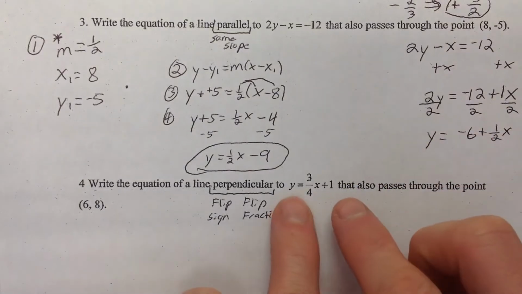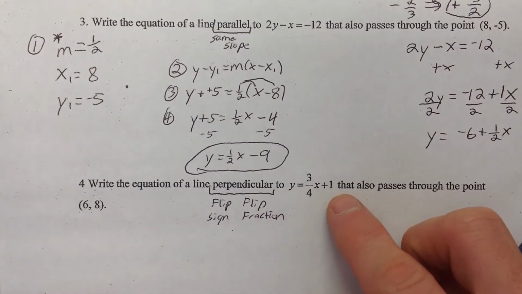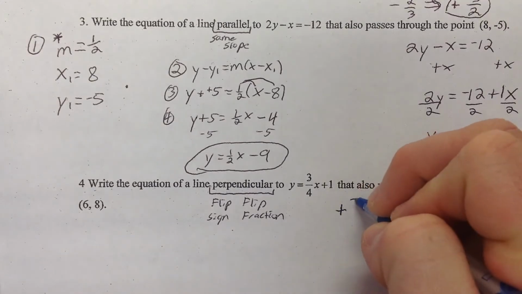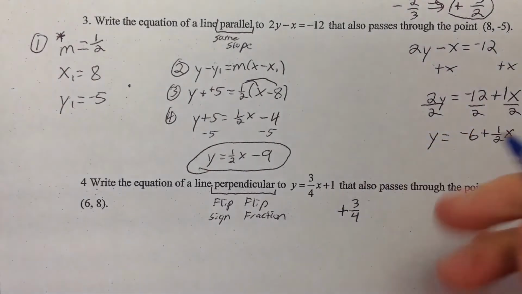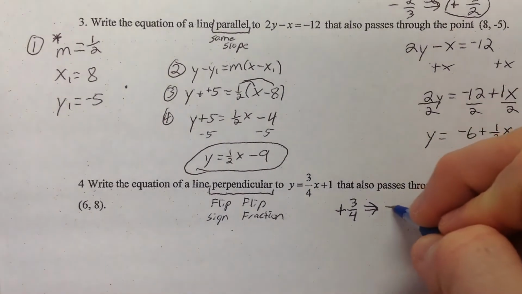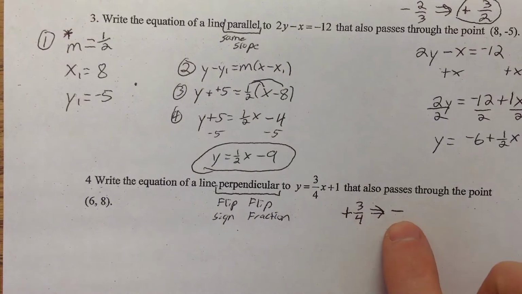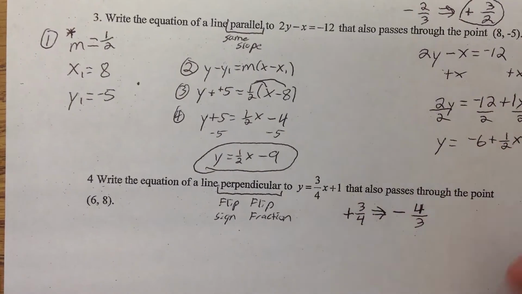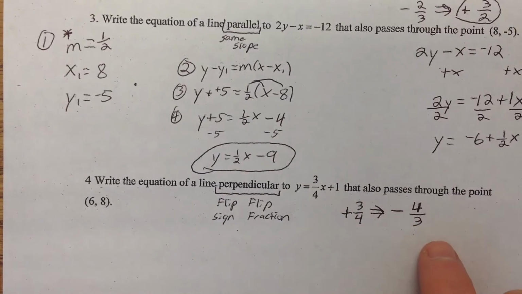So the positive 3/4 is our slope because it's next to the x. So the positive 3/4 is going to flip, flip into a negative 4/3. So the sign flipped and the fraction flipped.